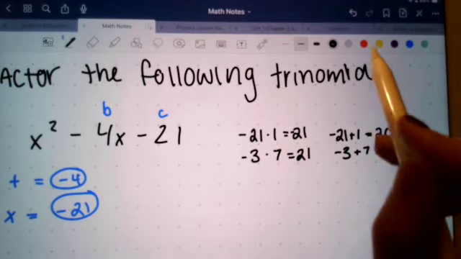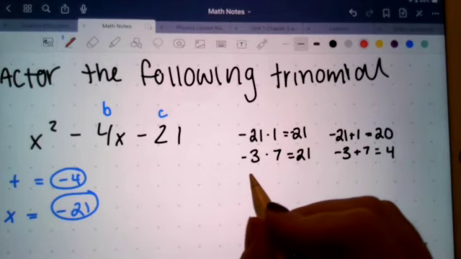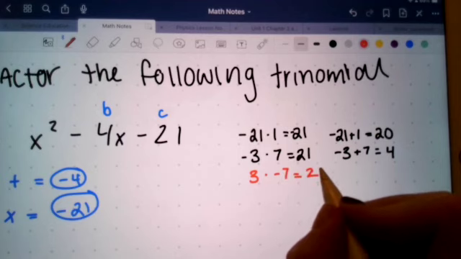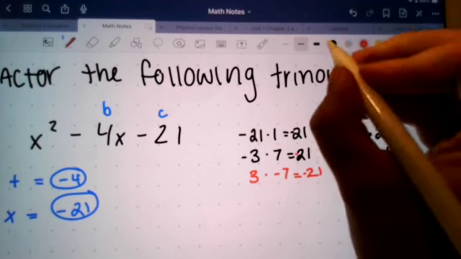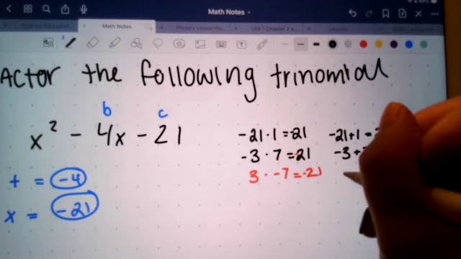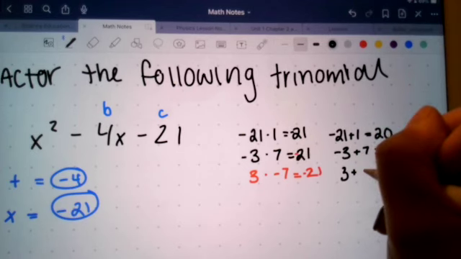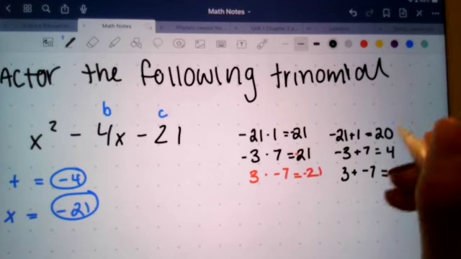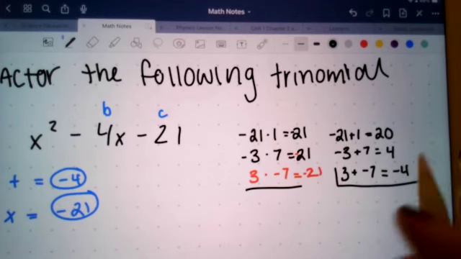So I'm going to try just swapping those signs. And so I'm going to go 3 times -7 equals -21. And then I'm going to add those together. So I'm going to go 3 plus -7, or -7, is equal to -4, and I have figured it out.